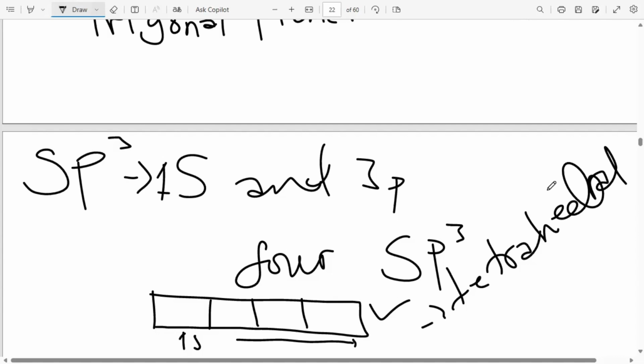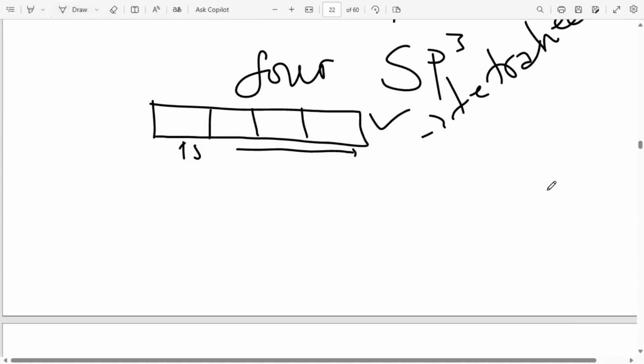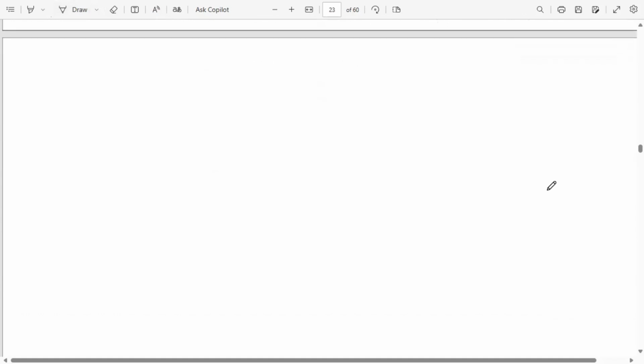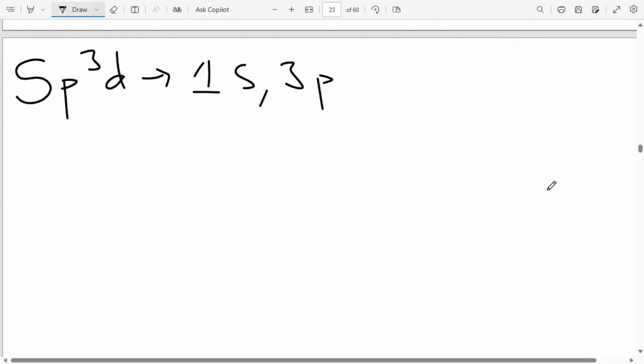And the other one is the sp3d hybridization, where you have one s orbital, three p orbitals, and one d orbital. So these are going to combine to form sp3d hybrid orbitals.